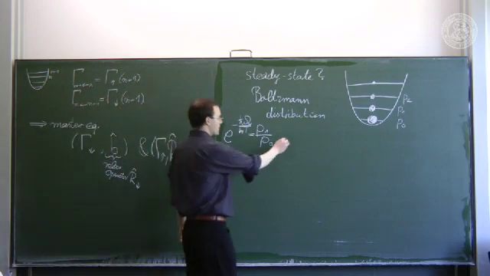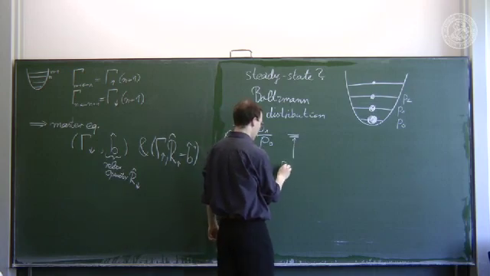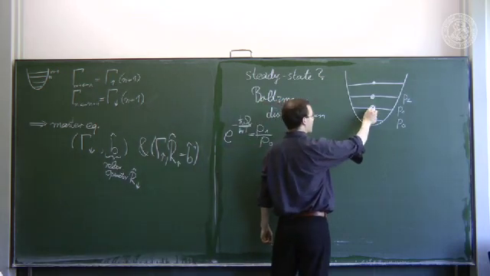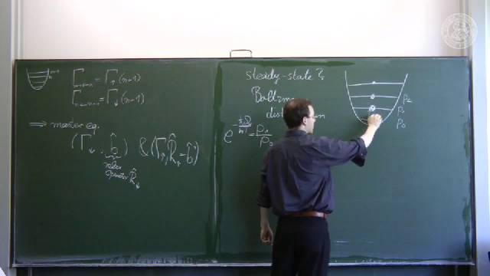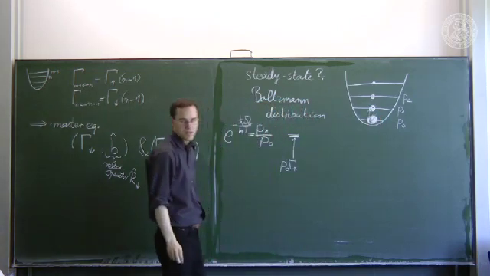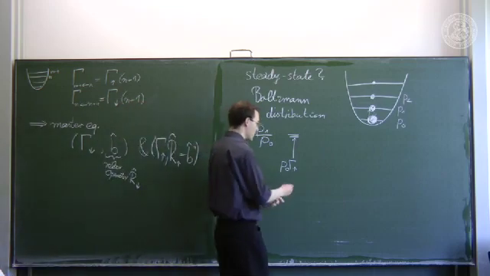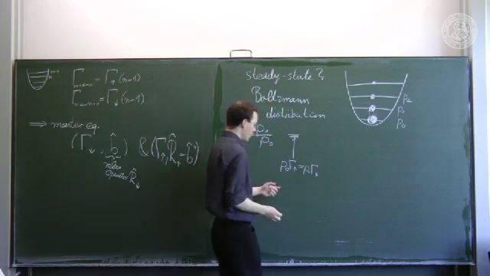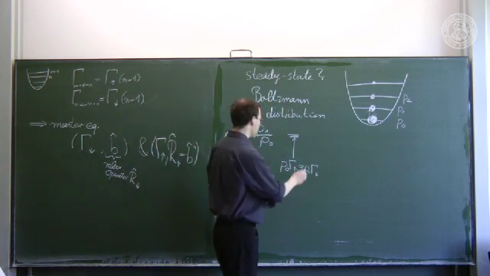Now, in steady state, I know that P0 times gamma up, these are the upward transitions from down here, have to balance the downward transitions coming from above. So that in total there's no net flow of probability. So P0 times gamma up equals P1 times gamma down. Or alternatively, if I look at the ratio, P1 over P0 equals gamma up divided by gamma down.